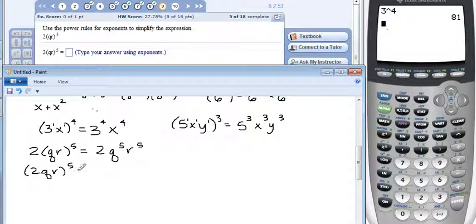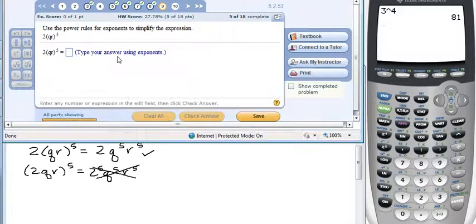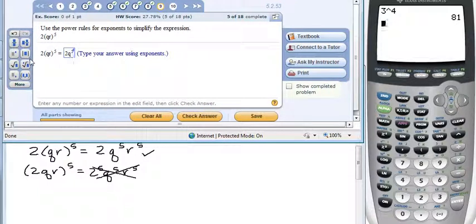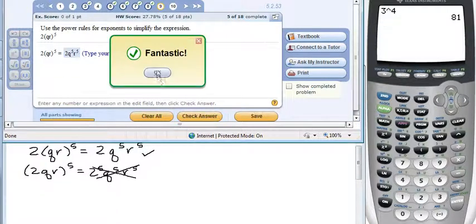So this is different. This one would be 2 to the 5th, q to the 5th, r to the 5th. This is 32. So this is not what we want. We want this one here. Okay? So we want a 2 and then a q raised to the 5th and then an r raised to the 5th. It doesn't want that 2 in there. Okay?